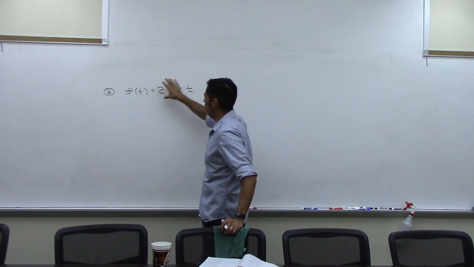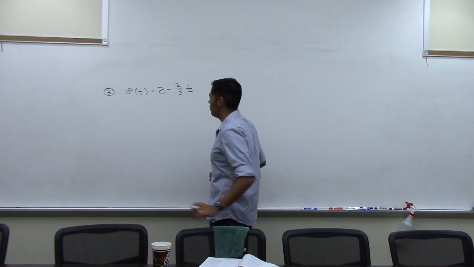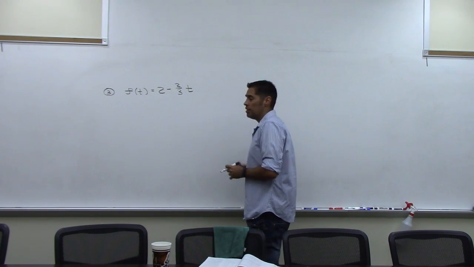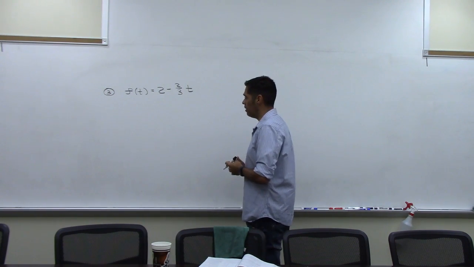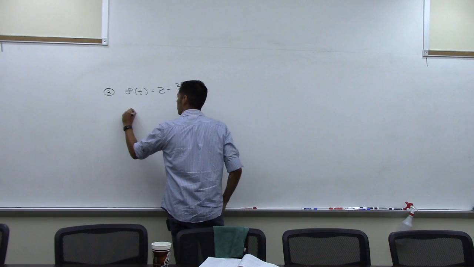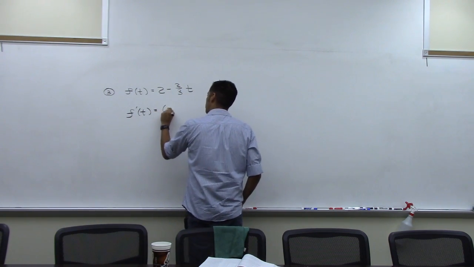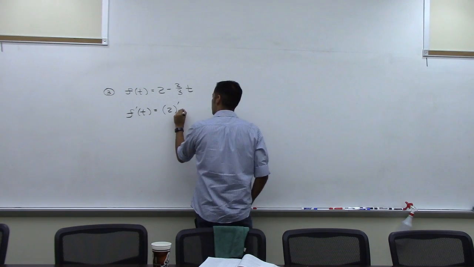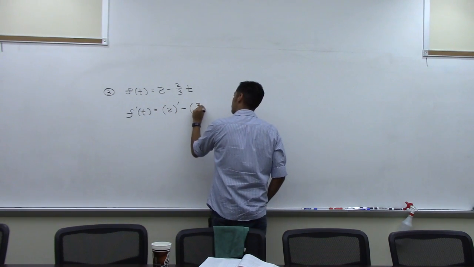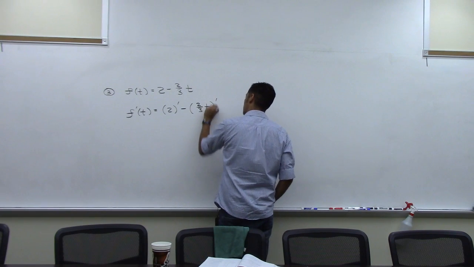You can look at that as its own function. This is its own function. And so the rules of differentiation allow us to take the derivative of each one. So this derivative will be equal to the derivative of 2, whatever that is, minus the derivative of 2/3 t.